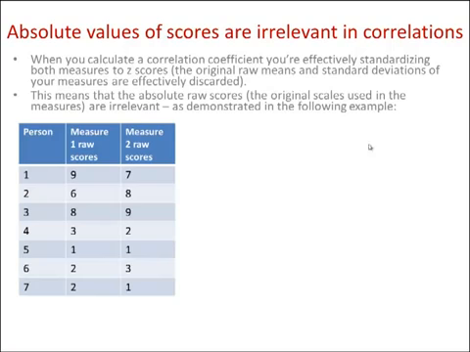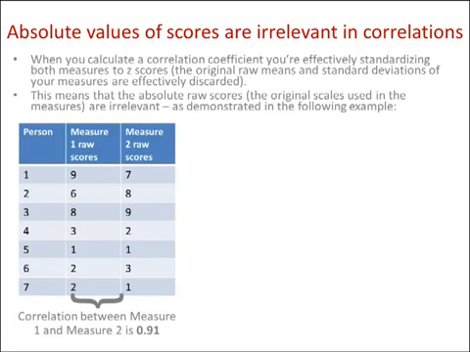I've made up some data here where we've got 7 people. Each person has done 2 tests. They've done measure 1, and these are their raw scores for measure 1. They've done measure 2, and these are the raw scores for measure 2. Person 1 has got a 9 for measure 1 and a 7 for measure 2. Person 7 has got a 2 for measure 1 and a 1 for measure 2.